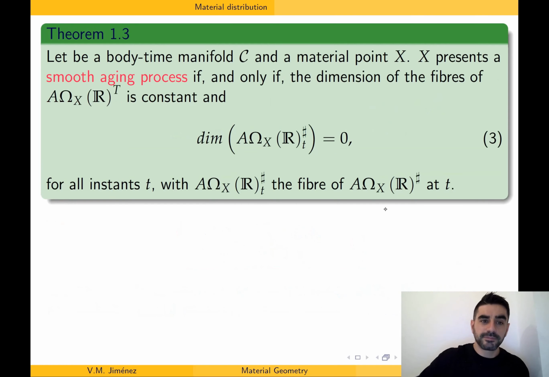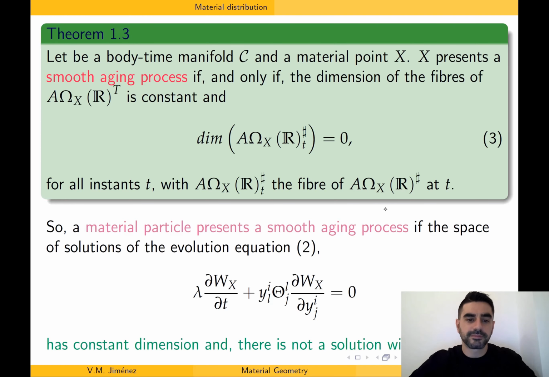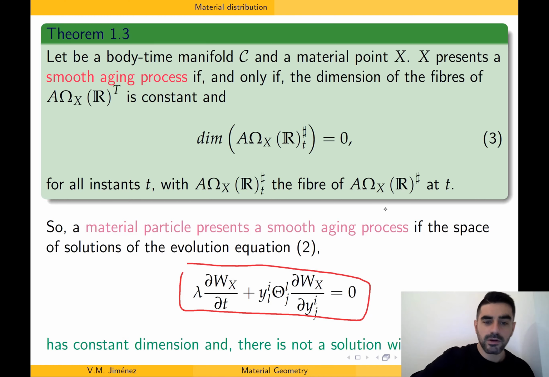On the other hand, for a smooth aging process, we have to prove that the dimension of these fibers is constant and the dimension of this fiber is 0. So by using the evolution equation, what we have to prove is that this equation has a constant dimension and there are no solutions with a lambda different from 0.